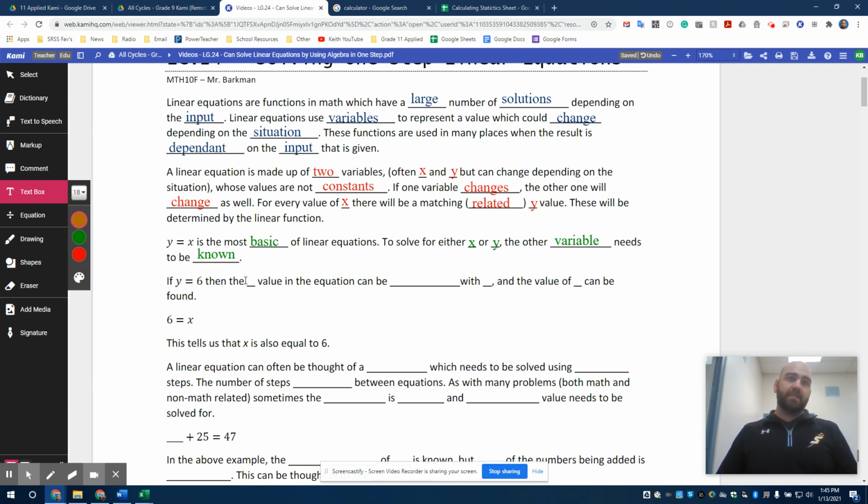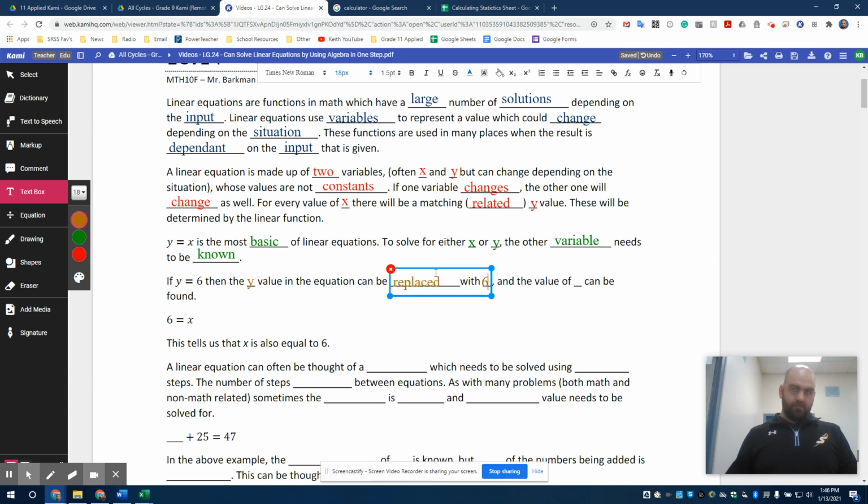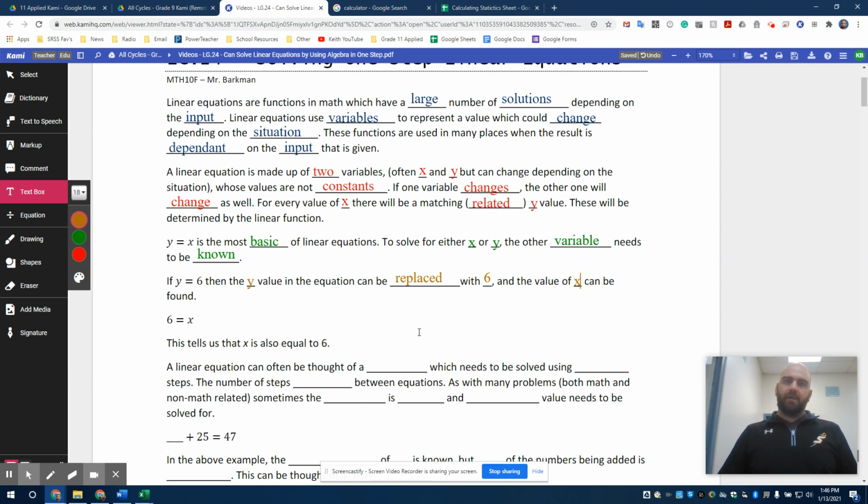If we know that y equals 6, then the y value of the equation can be replaced with 6, and the value of x can be found. You'll notice here what I did is I took this equation and replaced the y value with 6. So now all of a sudden it says 6 is equal to x. And so it tells us that actually x is equal to 6 as well.